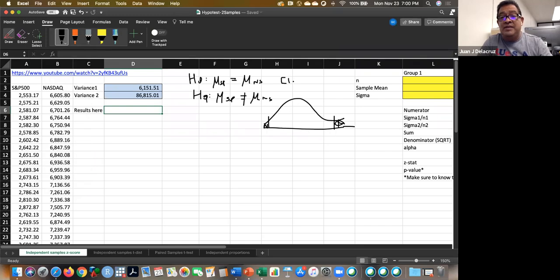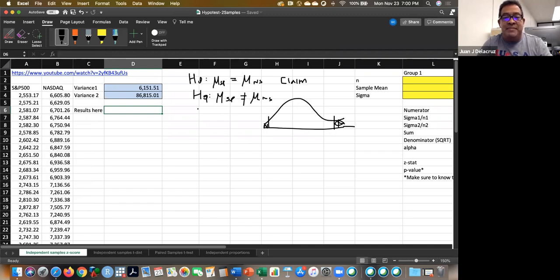So I'm saying that there is no difference between the two mu's, even though the values are different. I'm assuming that the mean value represents them, so that they are equal. So I have all that I need.